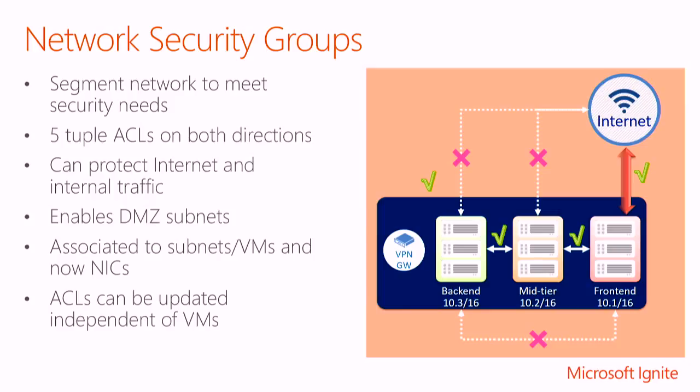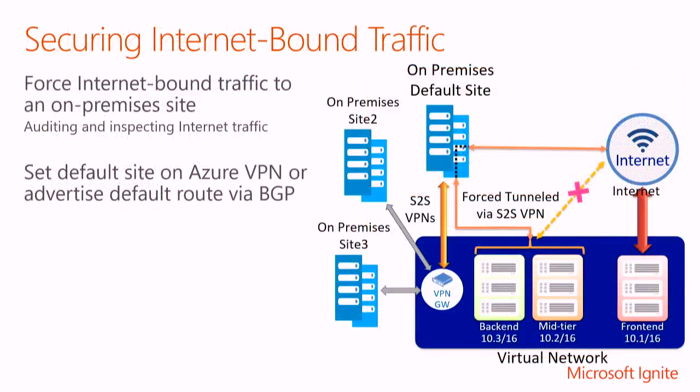It's basically a 5-tuple rule: source IP, destination IP, source port, destination port, and protocol, TCP or UDP. That's what we call a 5-tuple rule. And it helps you create your DMZs and adhere to your policies like what you have in your on-prem. That's easier to do.